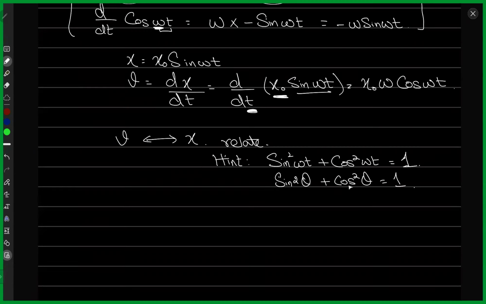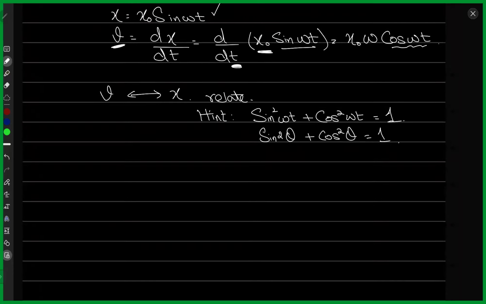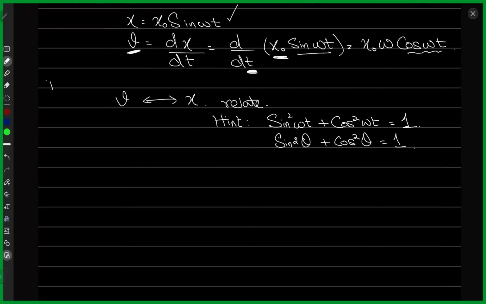If you use this, we know that in x, I have sine, in velocity, I have cos. So you can just square these two and add them together, right? And then you can use this relation to see the relationship between v and x. Do it as an exercise, right?